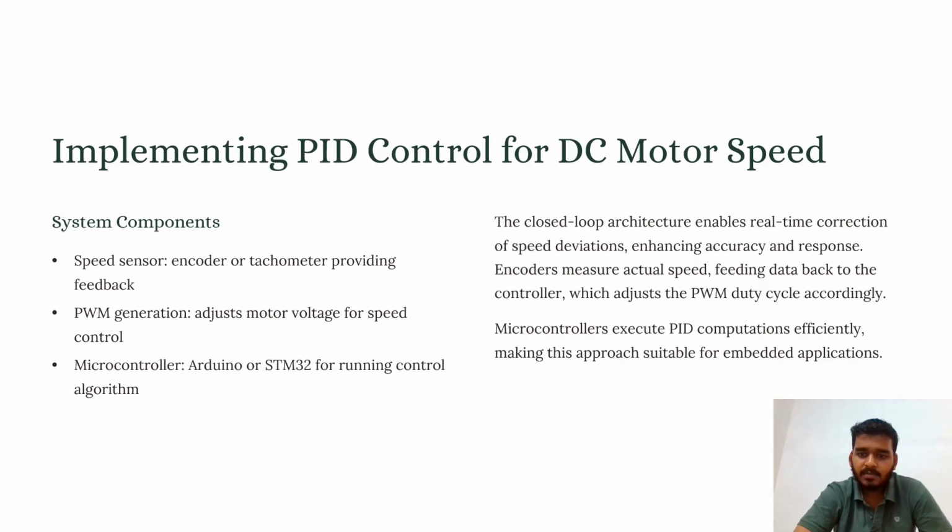Encoders measure actual speed, feeding data back into the controller, which adjusts the PWM duty cycle. Microcontrollers execute PID computations efficiently, making the approach suitable for embedded applications. So this is the implementation of the PID controller for DC motor speed, and how the speed sensor, PWM generation, and microcontrollers work together to vary the motor speed.